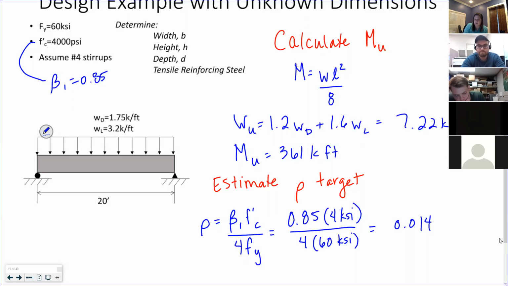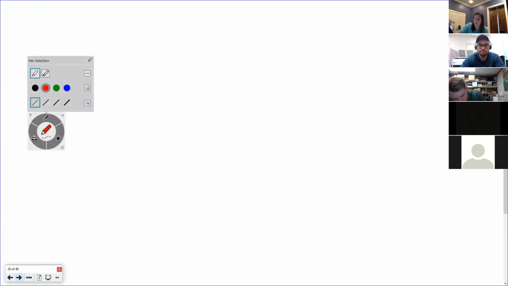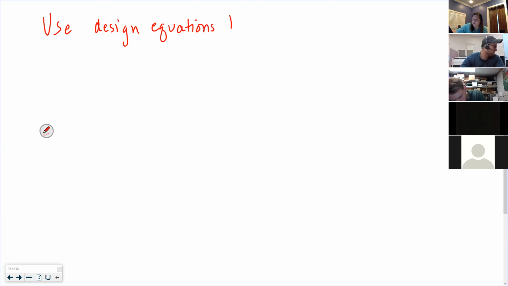So now we can use the design equation to get essentially a relationship between our beam width and the depth to the neutral axis of our tensile reinforcement.